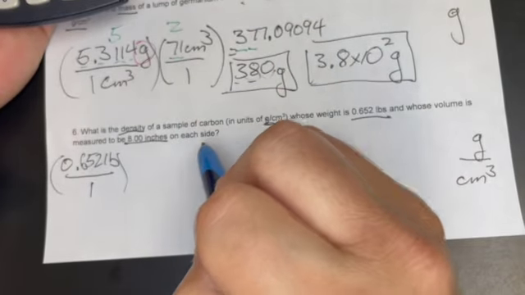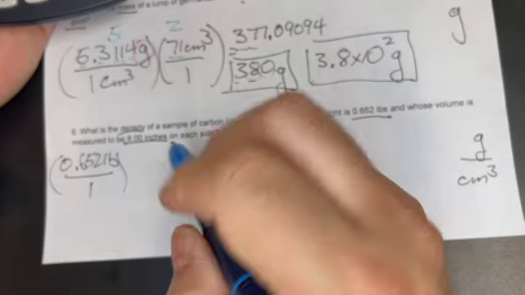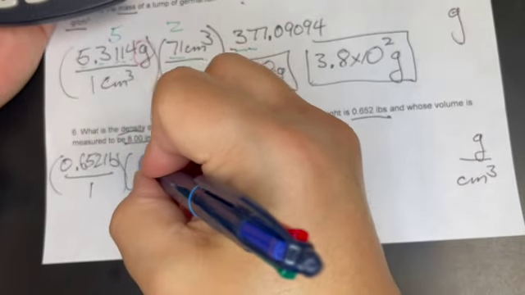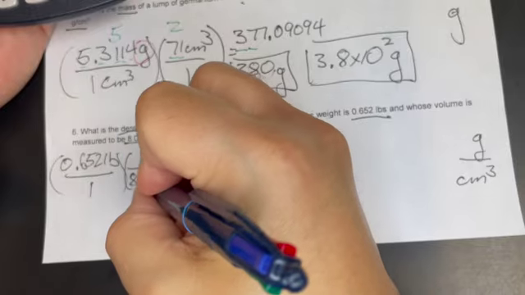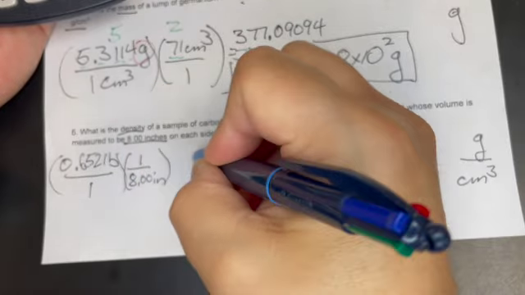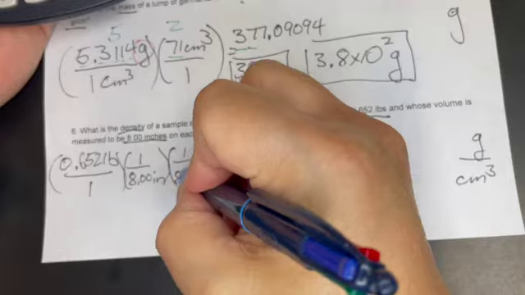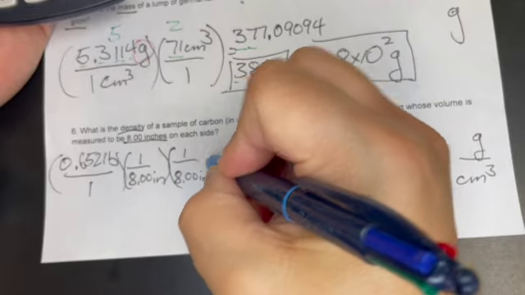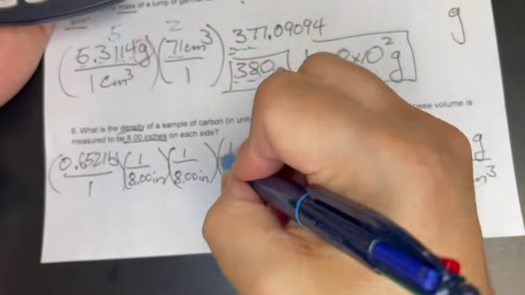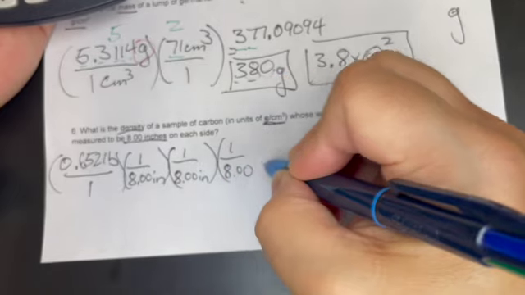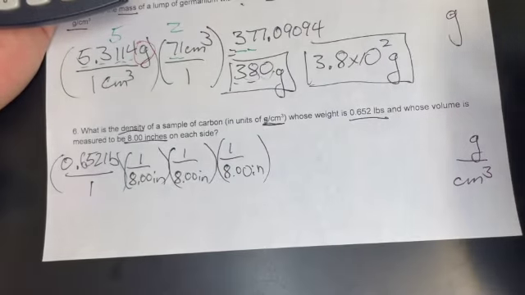And then it says it has 8 inches on each side. So that means it's going to be 1 over 8.00 inches times 1 over 8.00 inches times 1 over 8.00 inches.